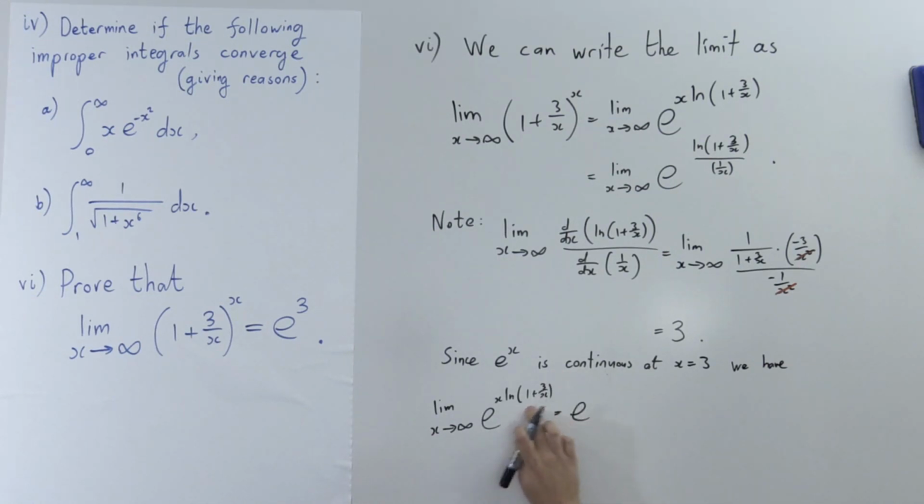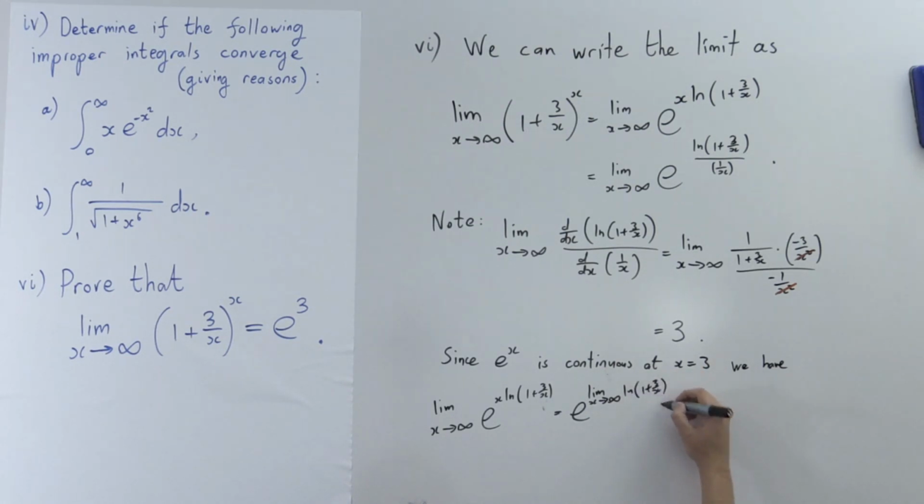Well, this is continuous at the limit of this thing, so this is just going to be the same as taking the limit inside the function. And that's just equal to e to the 3.